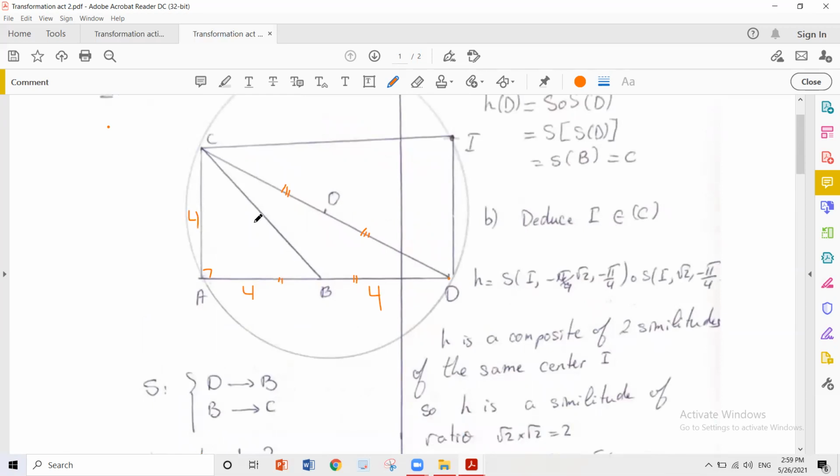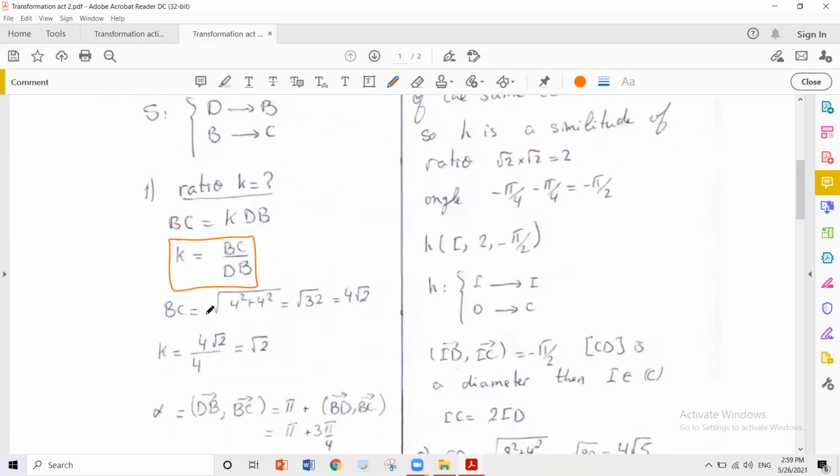Pythagoras. So BC equal radical 4 square plus 4 square equal 4 radical 2. Then K equals BC, which is 4 radical 2, over DB, which is 4. We get radical 2.